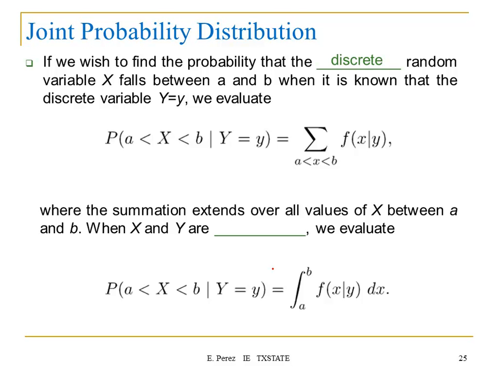Then we look at the summation over the values of x between a and b using the conditional probability, and when x and y are continuous, instead of the summation we use the integration. This is going to become more clear with the example.